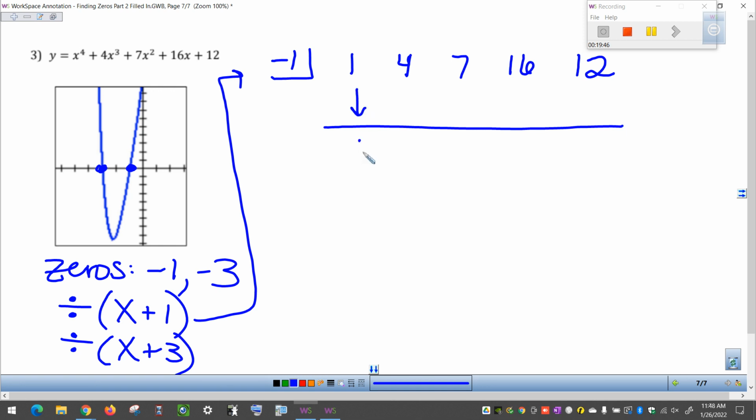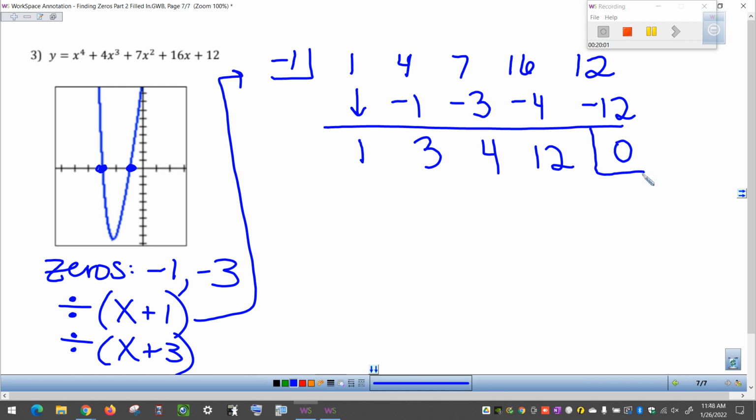And we're going to go through our steps here of synthetic division. We got a remainder of 0, which is good. If I didn't get a remainder of 0 here, I'm going to go back and check to make sure that I haven't made a mistake.